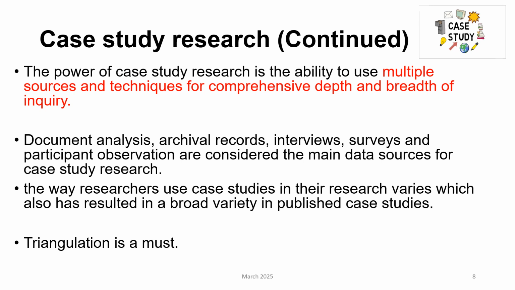The researcher can use these tools and do triangulation to obtain a better picture of the topic under study. We already mentioned in the previous lectures the types of triangulation, which are investigator triangulation, methods triangulation, data triangulation, and lastly theoretical triangulation.